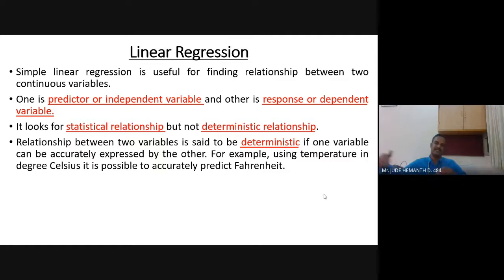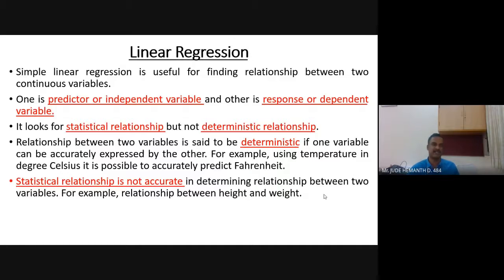So when you have a degree Celsius and Fahrenheit chart, you can easily find the relationship. That means if the degree Celsius increases by 2, definitely your Fahrenheit also should increase. Right? So these types of applications where there is a clear-cut relationship, we call it a deterministic relationship.